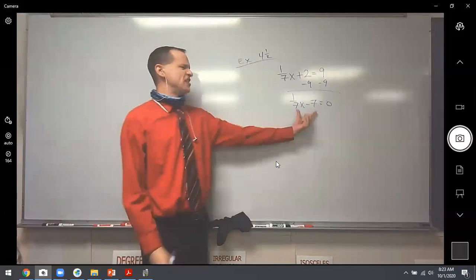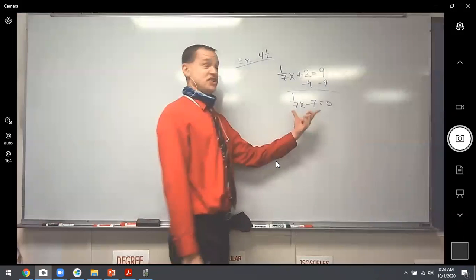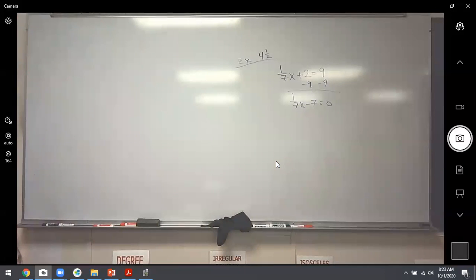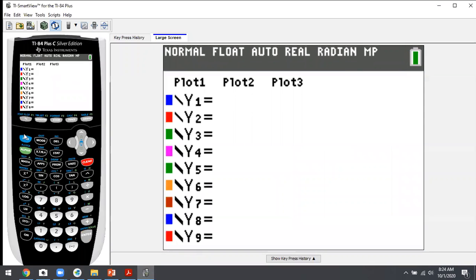I want to know when this thing equals 0. So I'll go graph this thing. In fact, you don't even have to name it if you don't want to. Just cut right to the chase. Go to your calculator. Y equals, clear it out. 1 divided by 7 times x minus 7.